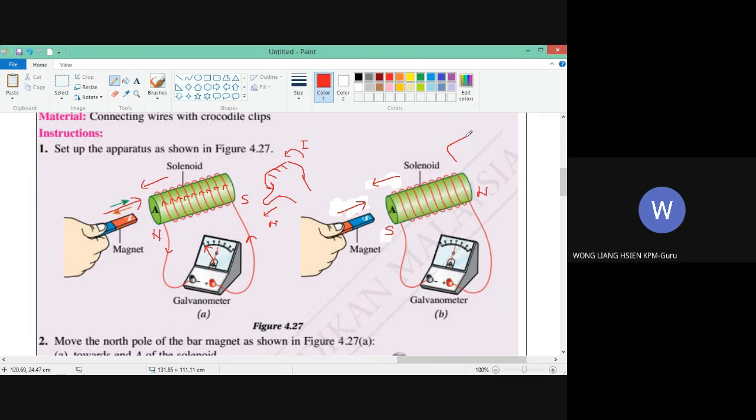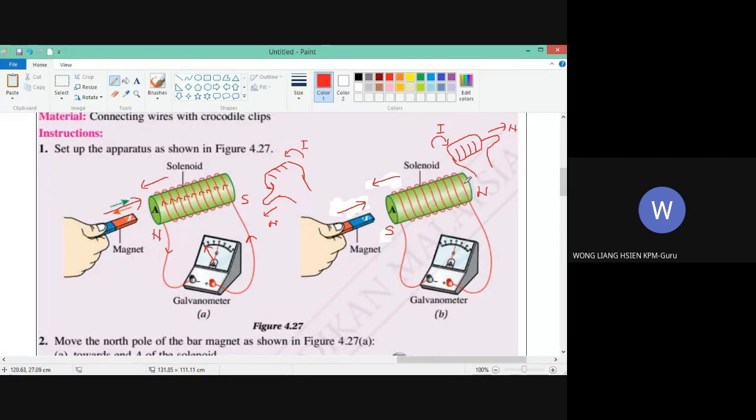Again from right hand grip rule for solenoid, your right hand grip rule for solenoid should look like this. So this is north, and this is your direction of current.